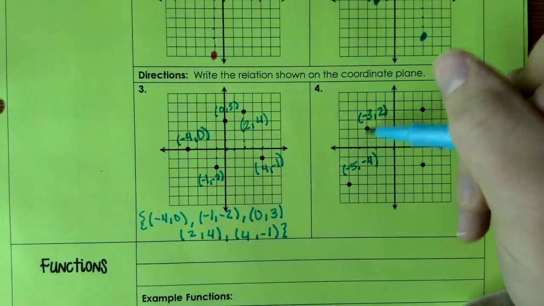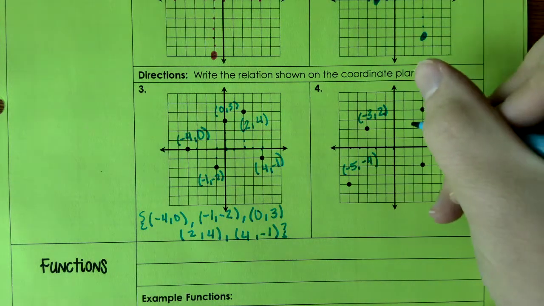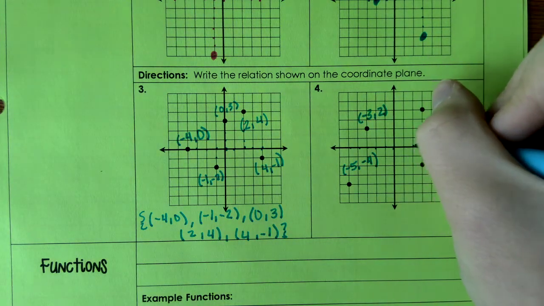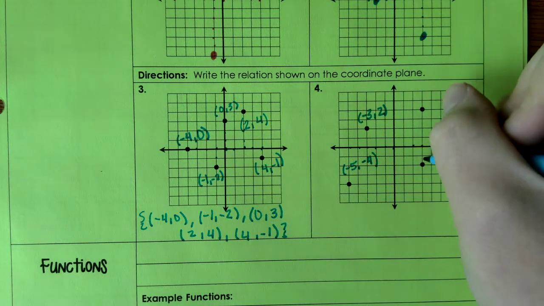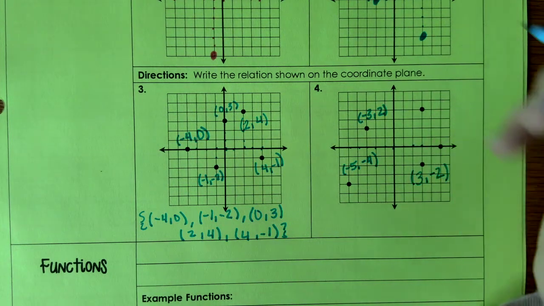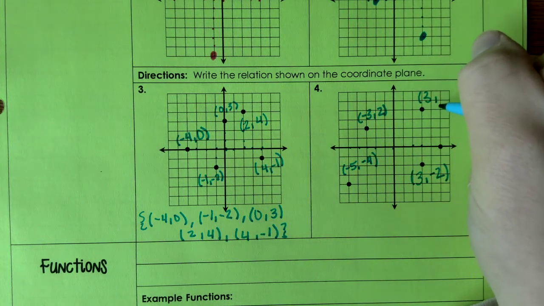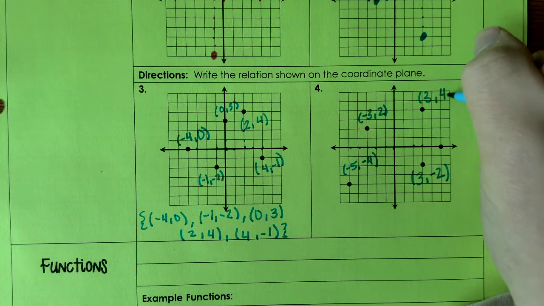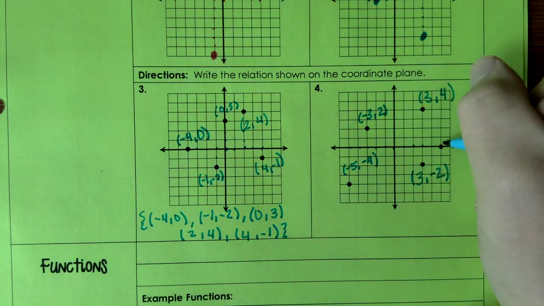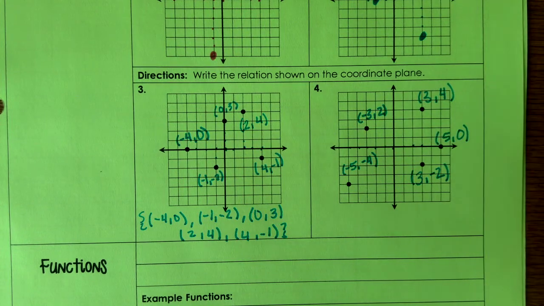Remember, it doesn't matter. If you didn't start over here, that's okay. Maybe you started over here. Then I move forward 1, 2, 3. Well, I can move up or down. This one's easier because it's just down 2. And then you move forward 3 and you move up 4. And then you move right 5, and then you don't move up or down at all.